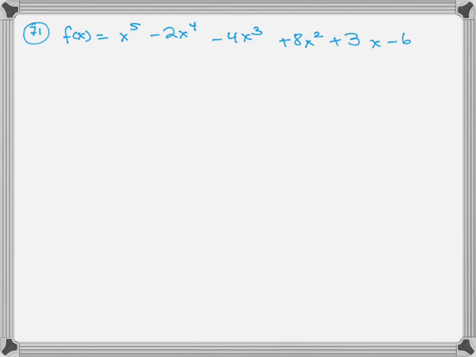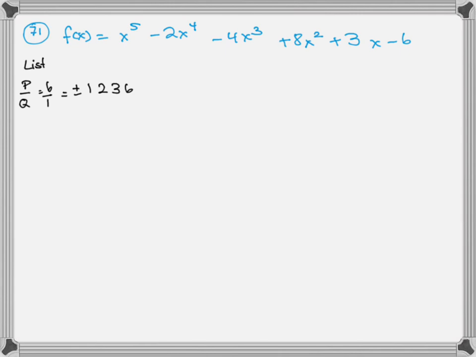Anyway, p over q. Let's make a list. p is 6, q is 1. So all our possible zeros are 1, 2, 3, and 6.